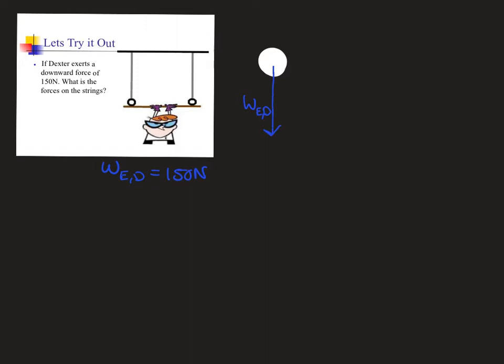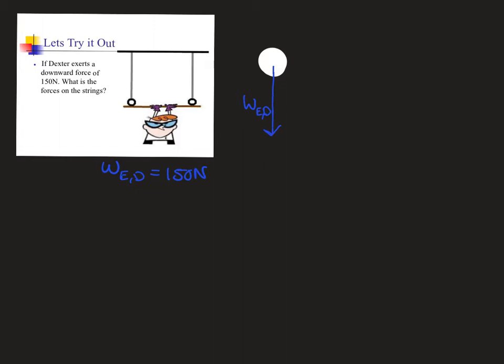Now, Dexter is being held up, so he's not falling. Because he's not falling, we need to put a total of 150 newtons in what direction?